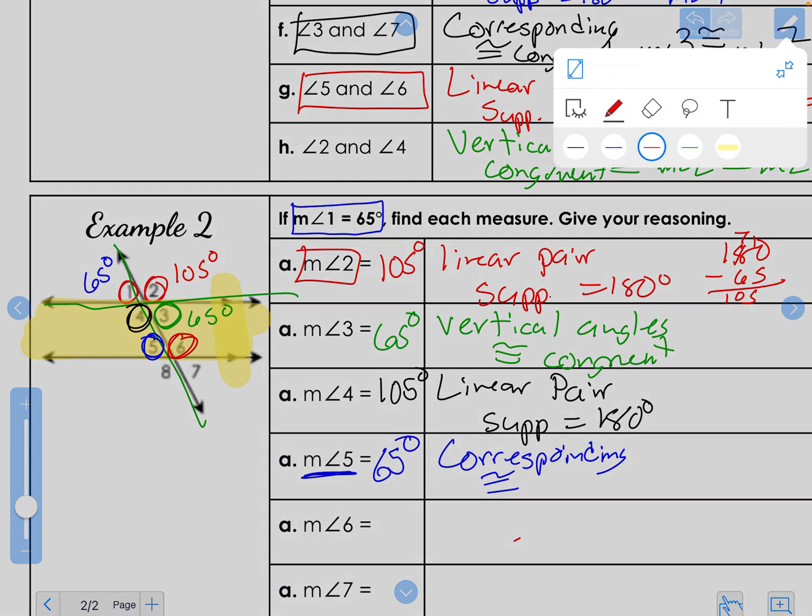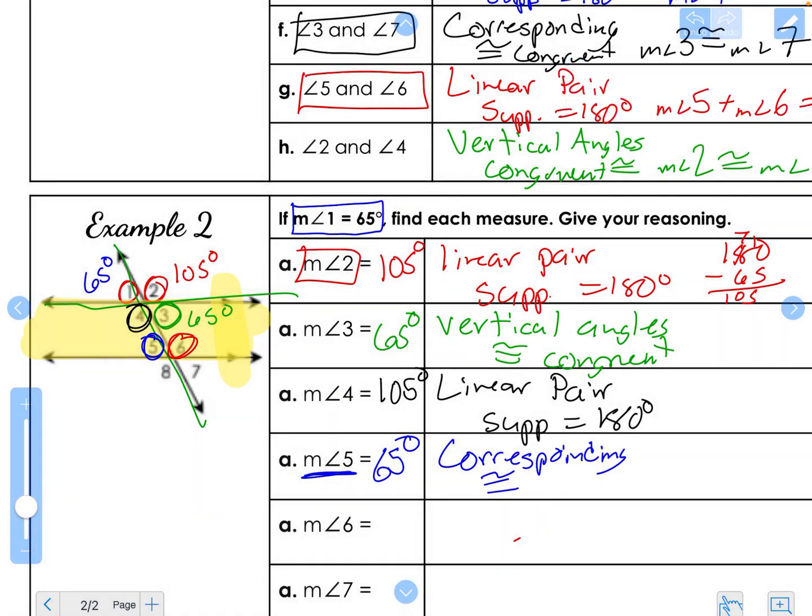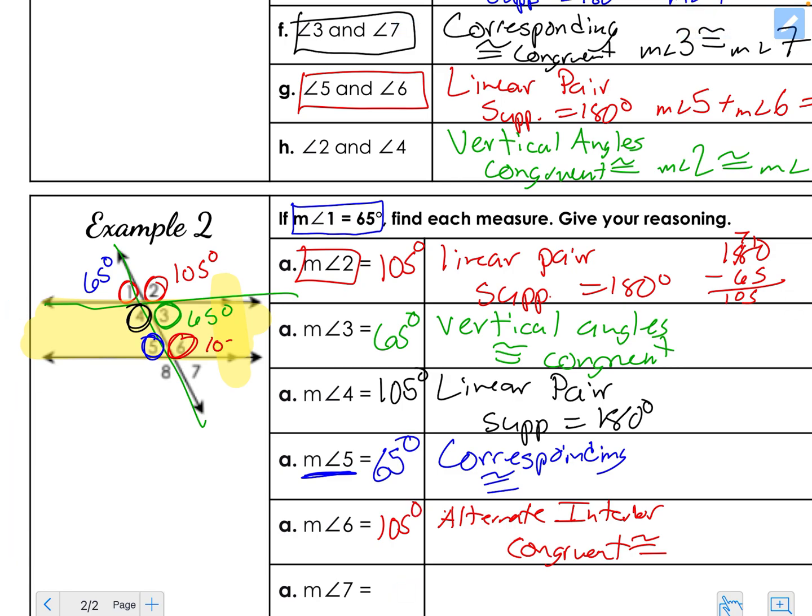I know that angle 4 and angle 6 are alternate interior angles, so I know they are congruent. So I know that 4 and 6 are the same, so 6 is 105 degrees. I just realized I stopped putting the degree signs on the specific angles. There we go.